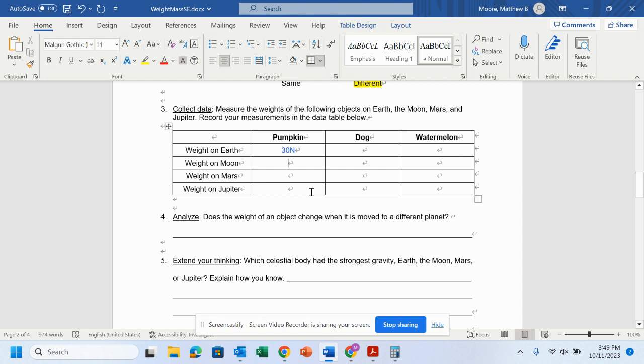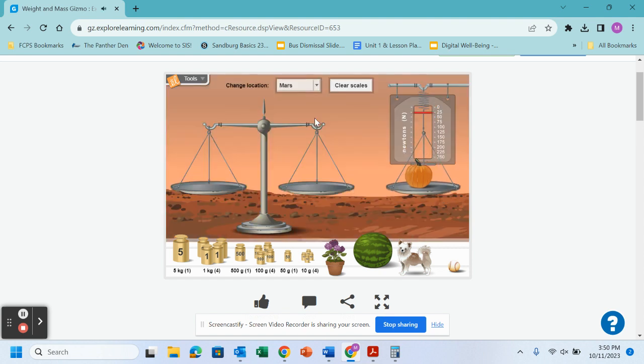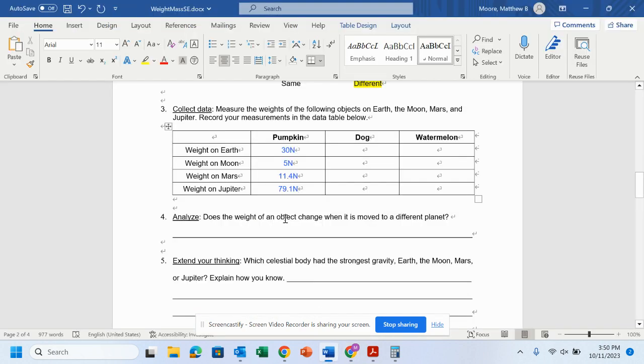So we have 5 newtons, 11.4 newtons, and 79.1 newtons. I might be wrong. Let me go back and check. 75.9, 11.4. Okay. So 75.9, excuse me, newtons.